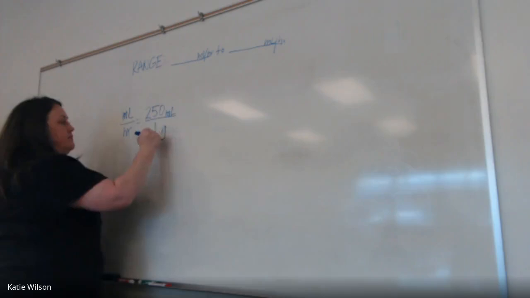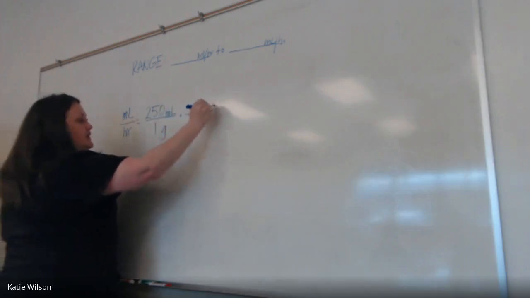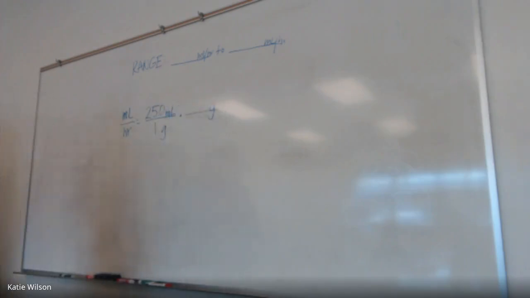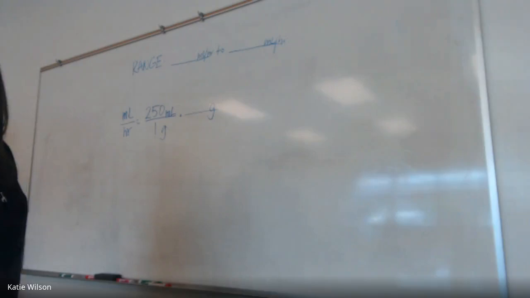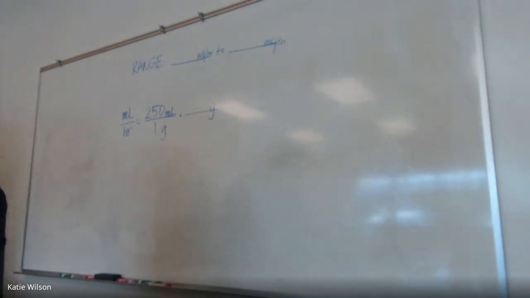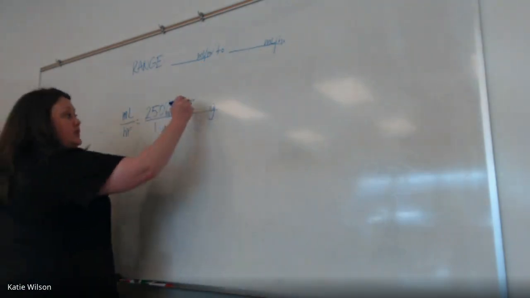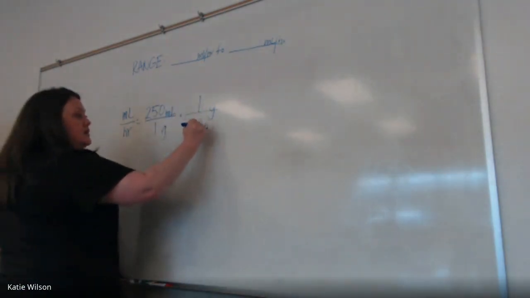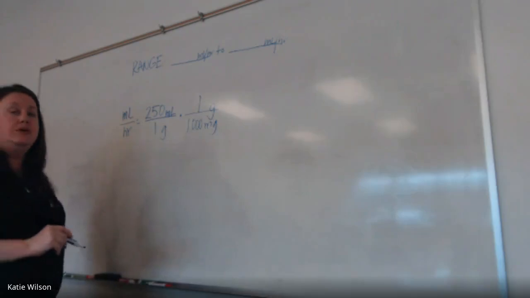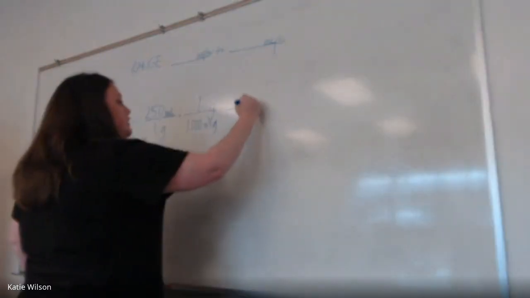1 gram. Okay. Want to get rid of grams. What do I know about grams? They gave us the order in milligrams, so I need to convert, right? So 1 gram is 1,000 milligrams. Now I can work with the milligrams.